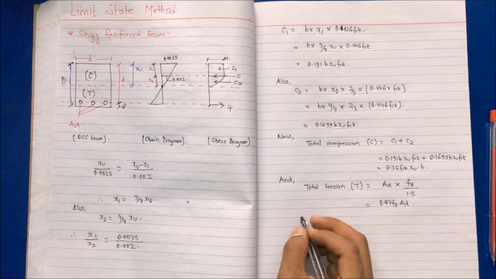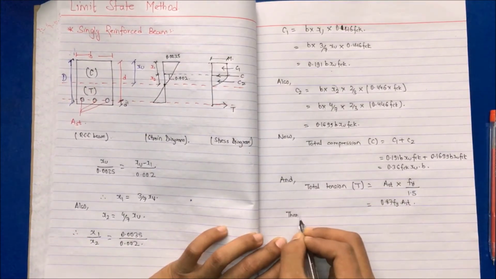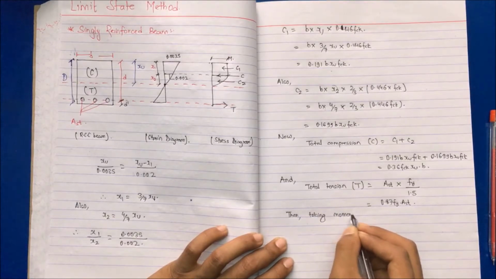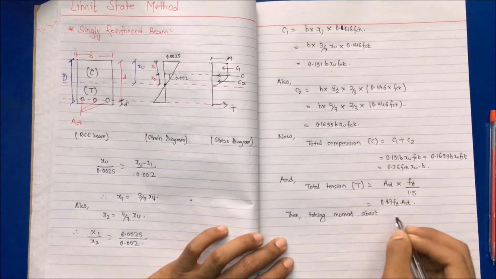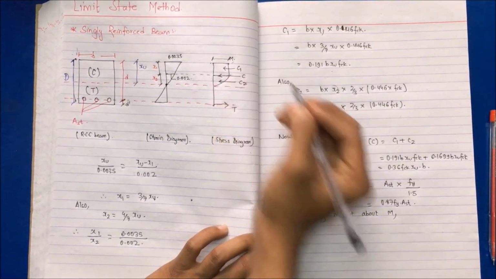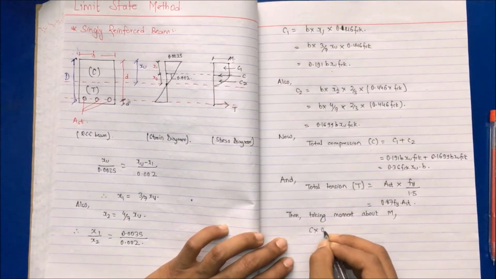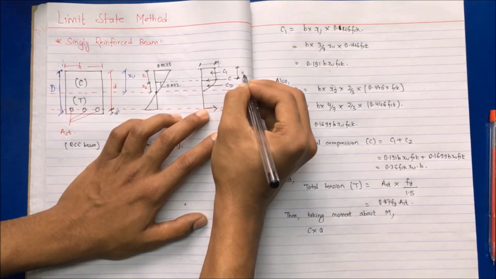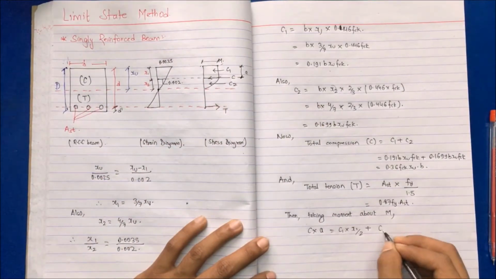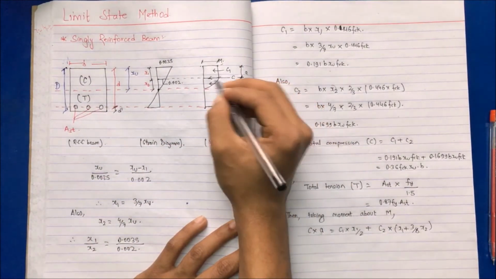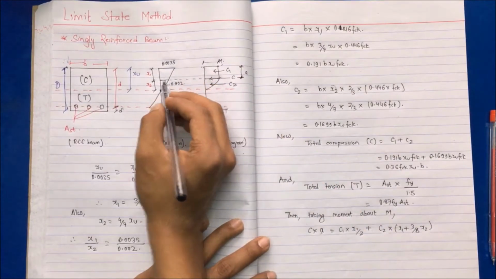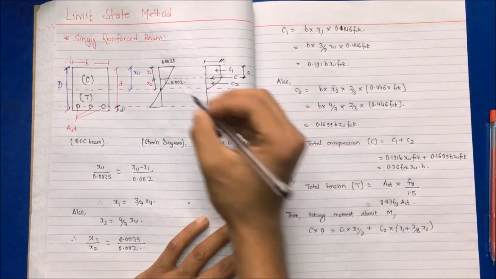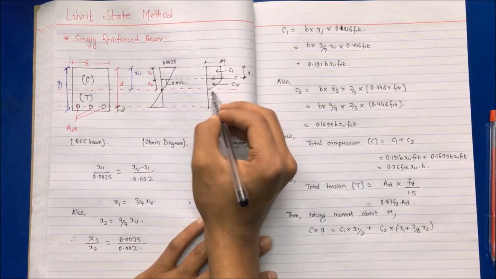Now we have to find up to which depth the profile remains parabolic. Taking moment about the extreme fiber and considering the depth of the rectangular section A, C into A is equal to C1 into x1 by 2, that is the centroid, plus C2 into x1 plus 3 by 8 x2.